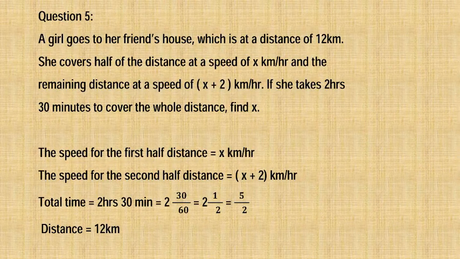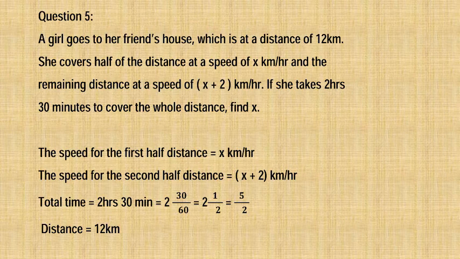Question number 5. A girl goes to her friend's house, which is at a distance of 12 km. She covers half of the distance at a speed of x km/h and the remaining distance at a speed of x plus 2 km/h. If she takes 2 hours 30 minutes to cover the whole distance, find x.